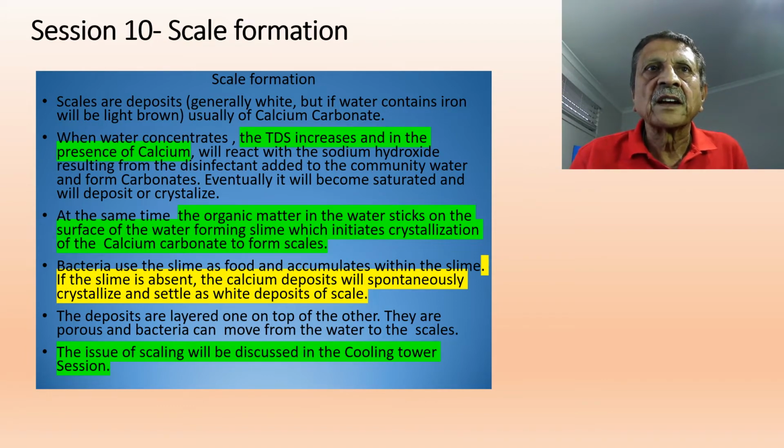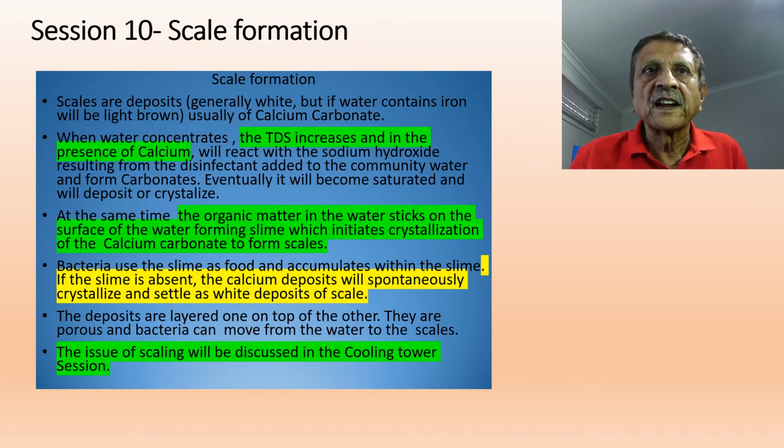The bacteria use the slime as food and accumulate within the slime. If slime is absent, calcium deposit will spontaneously crystallize and settle as white deposits of scale. But if the slime is present, then the scale formation is encouraged.